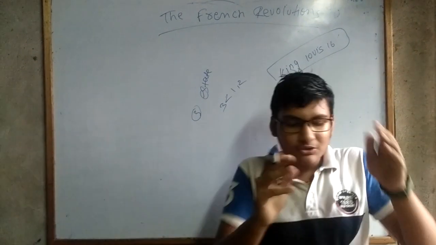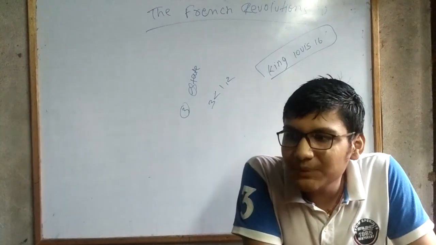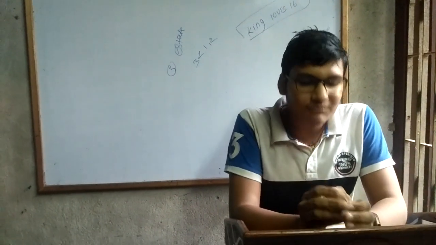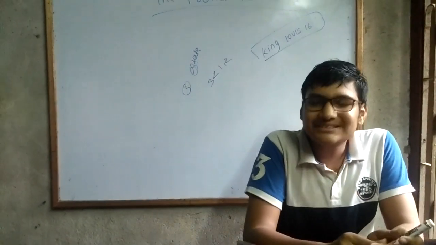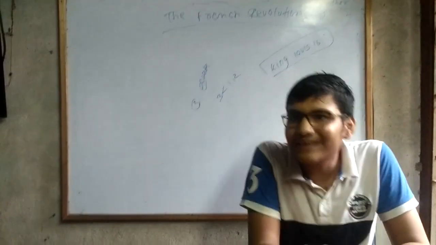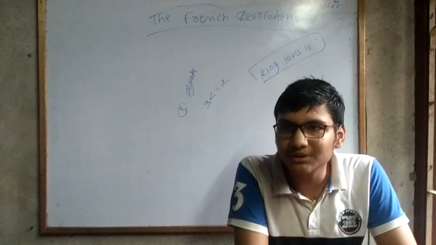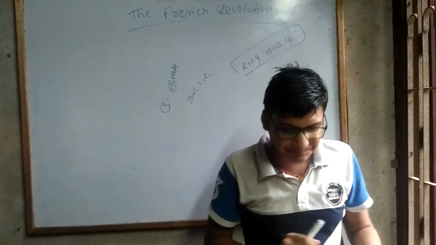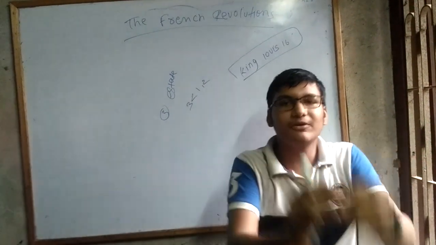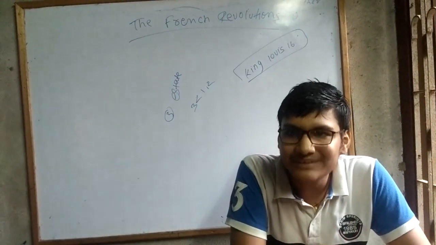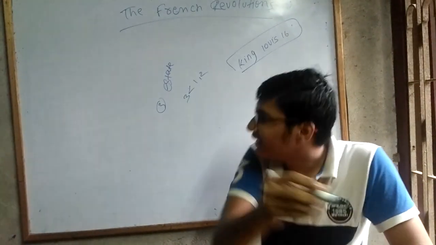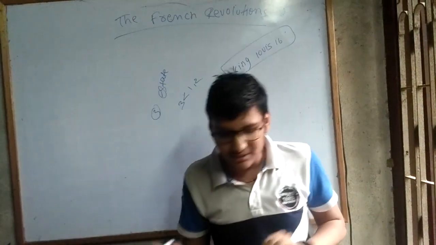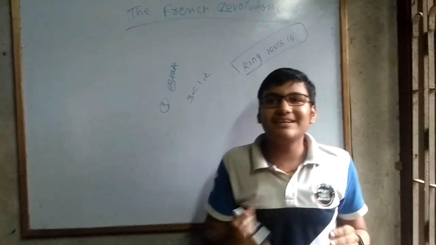In the first state were the people of the church, the priests of the churches, and in the second state were people like kings, nobles, and the families of nobles. King Louis XVI was in the second state, so they got the privilege of not having to pay taxes, and only the third state, which was very poor compared to the first and second states, had to pay taxes.